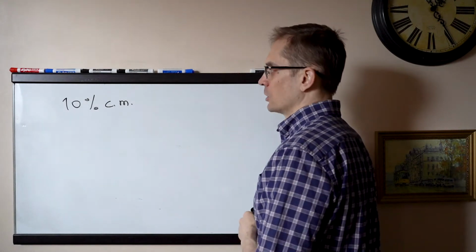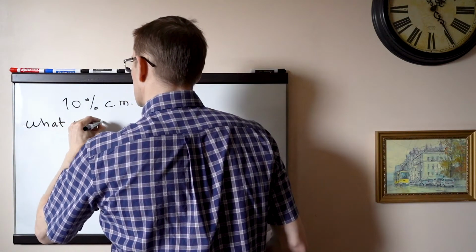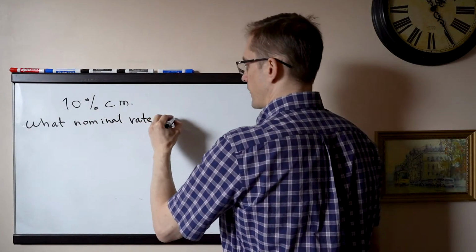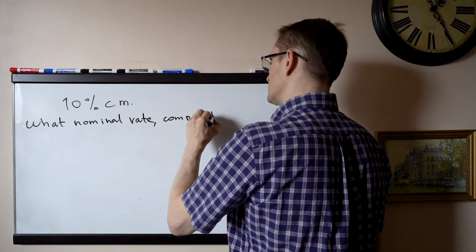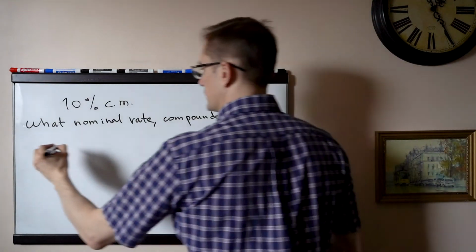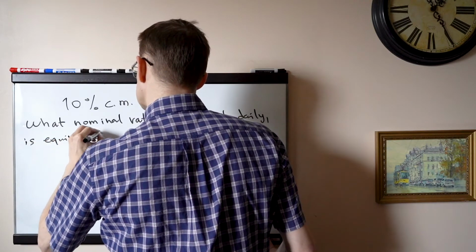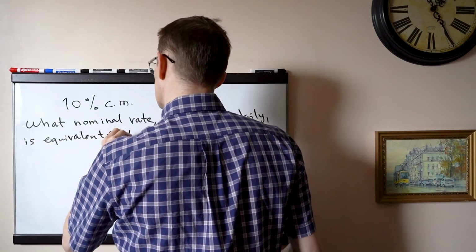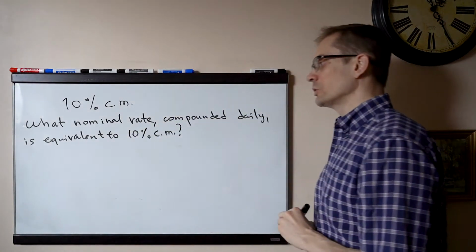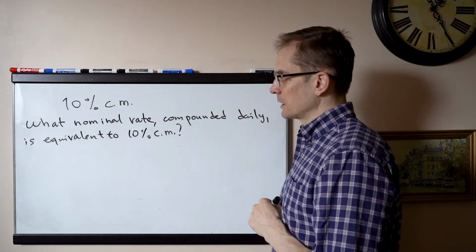More precisely, what nominal rate compounded daily is equivalent to 10% compounded monthly? What nominal rate compounded daily is equivalent to 10% compounded monthly?